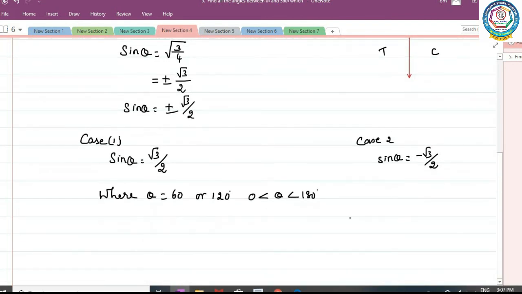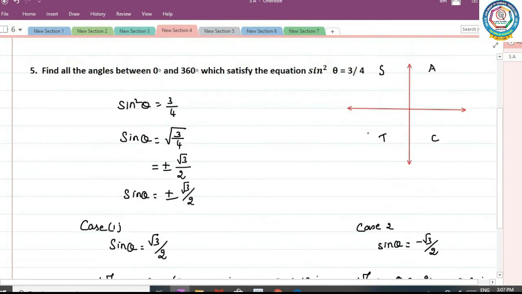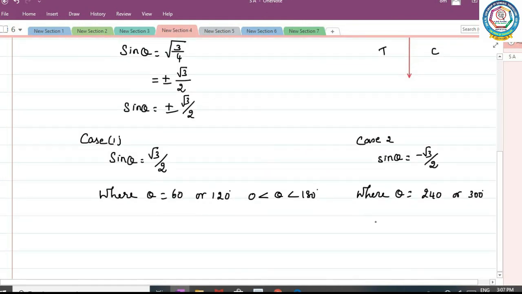So what are the theta values? Theta equal to 240 degree or 300 degree. So theta lies between 180 to 360 degree.